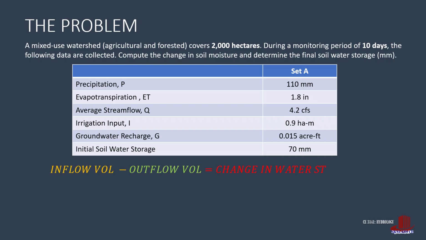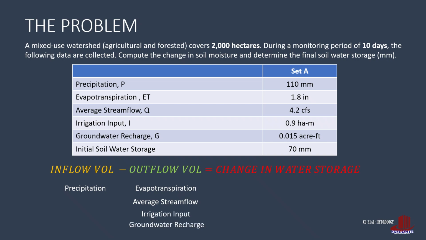Checking on the record, we use the water budget equation of inflow less outflow is equal to the change in water storage. We start by categorizing each parameter, such as precipitation under inflow, evapotranspiration, average stream flow, irrigation input, and groundwater recharge all are under outflow.